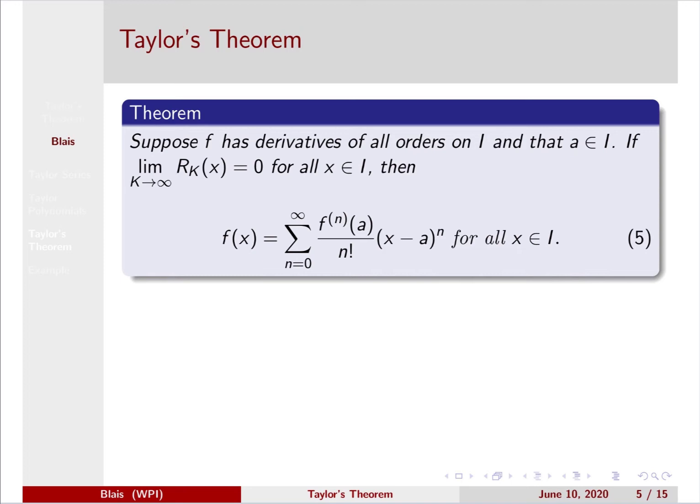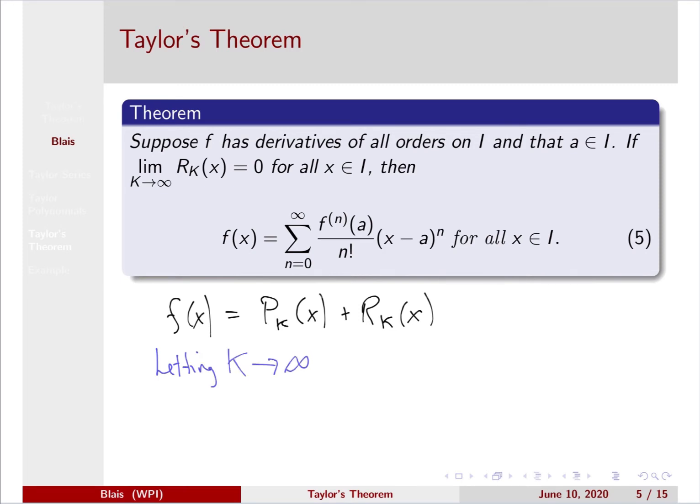And intuitively, the way we can imagine that is that f of x being equal to p sub k of x plus r sub k of x, as we let k go to infinity, letting k go to infinity is effectively saying keep increasing the degree of your Taylor polynomial.